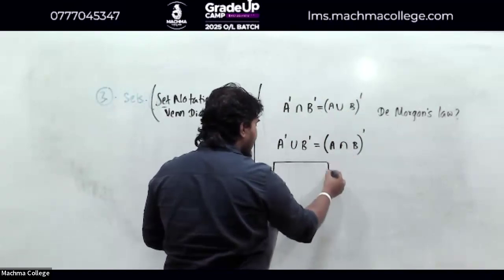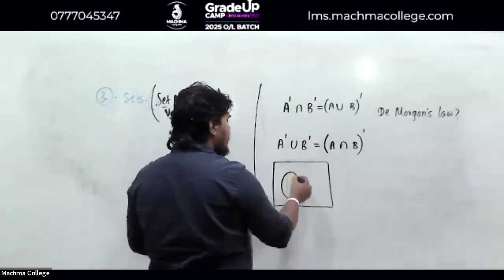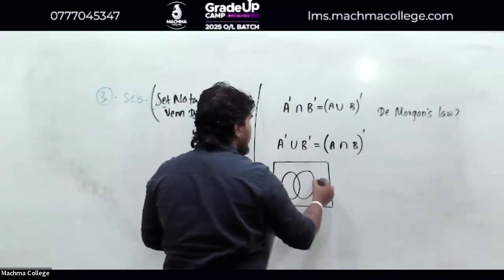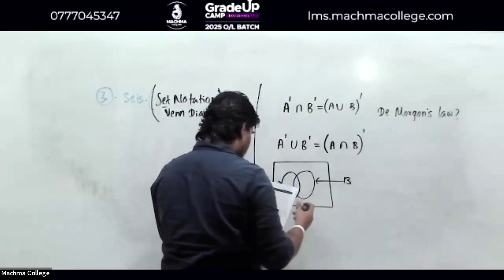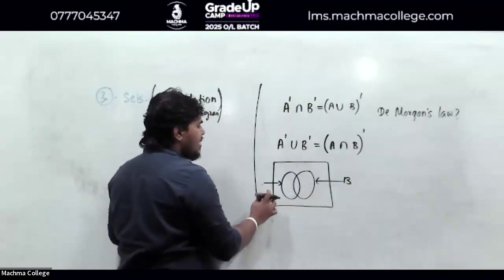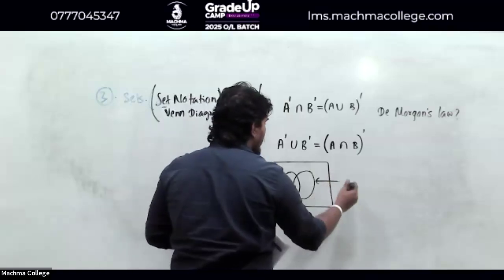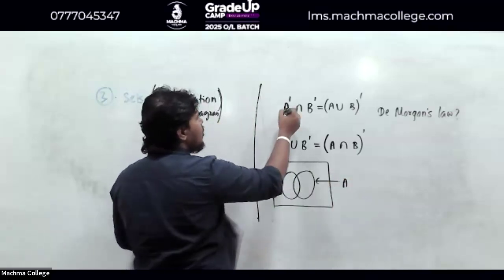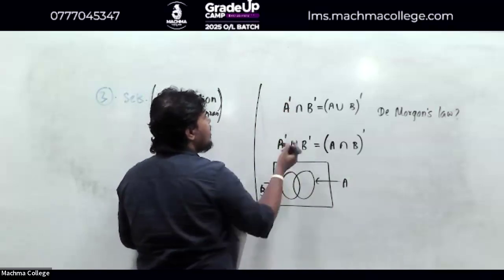Basically, this is set capital A, this is set capital B, right? They have named this as B, this as A. Oh, no problem. They want us to shade this one, no? A complement intersection B complement.